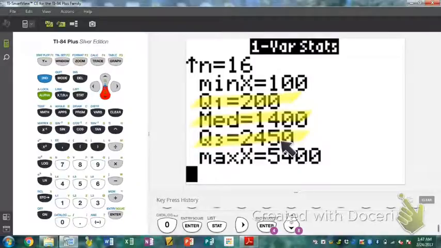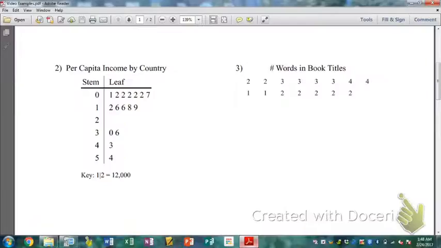All right? So again, when I go to write that down on my worksheet, I need to label all of those things. So going off what I had on my calculator, I had a median of 14,000.